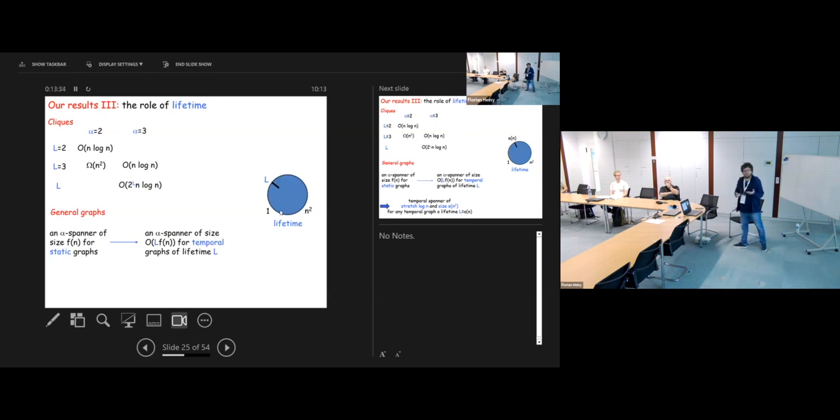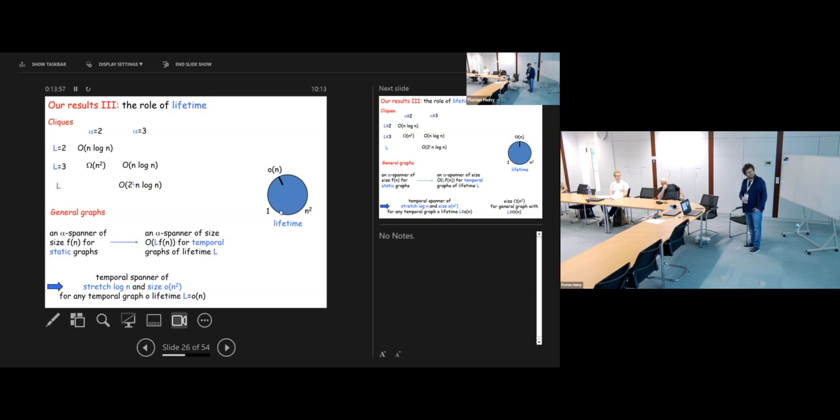This is a simple construction, but it still provides interesting answers. For instance, if you focus on lifetime little o of n, you are able to prove that there is a temporal spanner with logarithmic stretch and non-trivial size of little o of n squared.